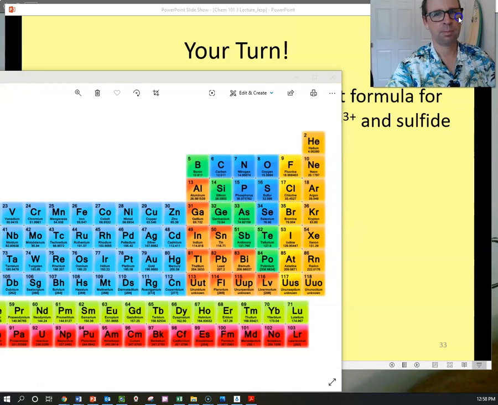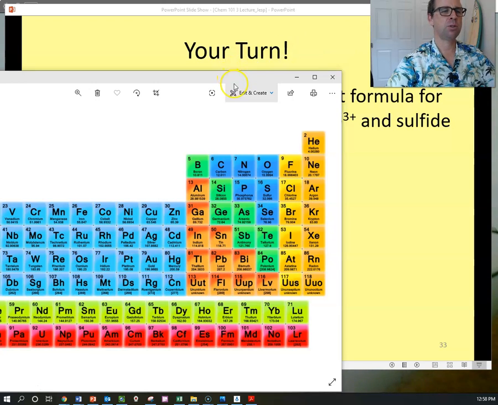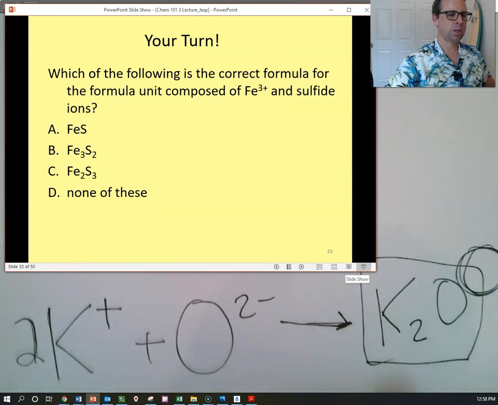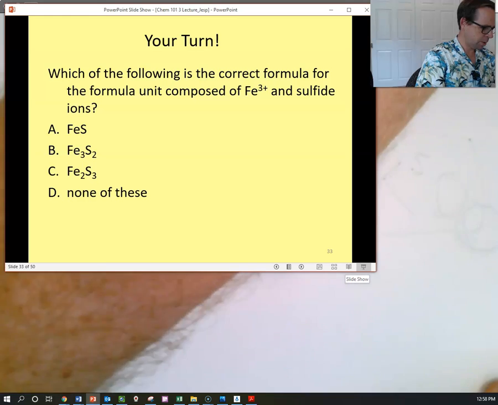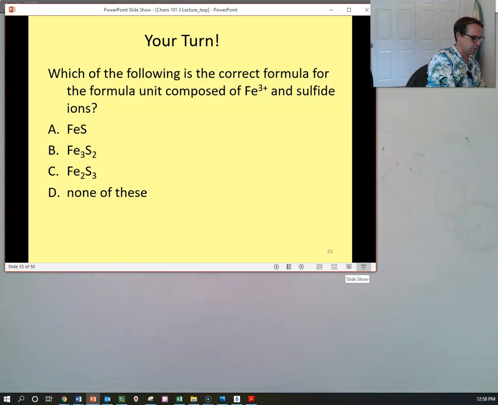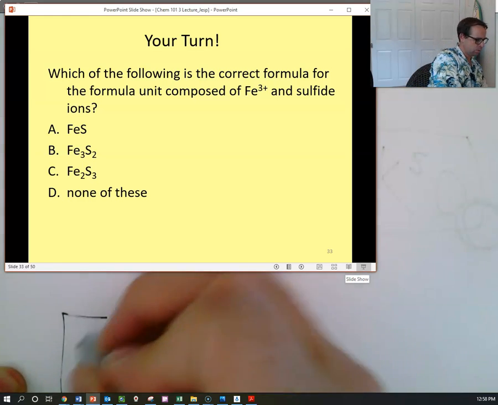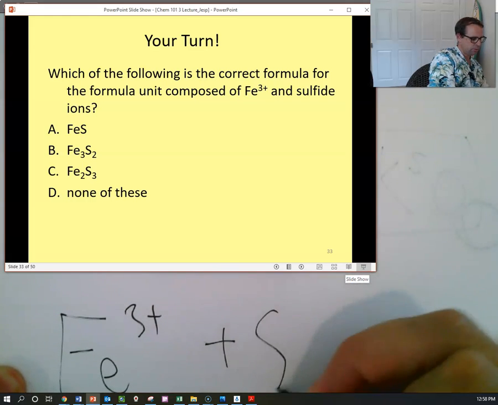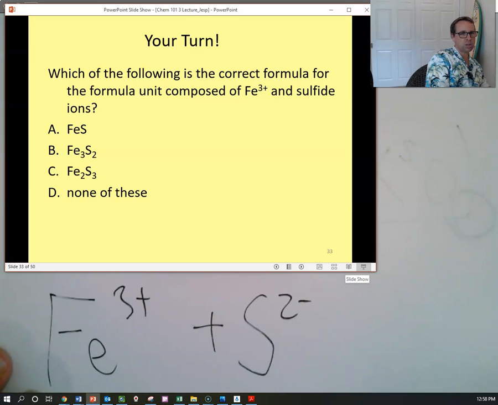It's going to be a -2 charge? That's right, -2 charge. So the question is asking, what's the resulting compound when we combine an iron +3 charge and a sulfur 2- charge?